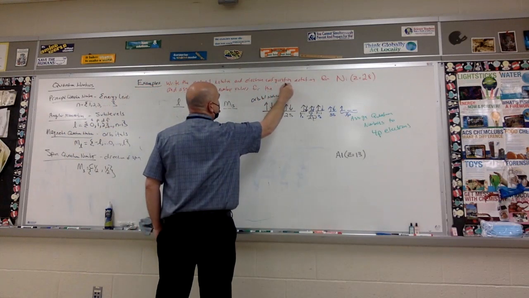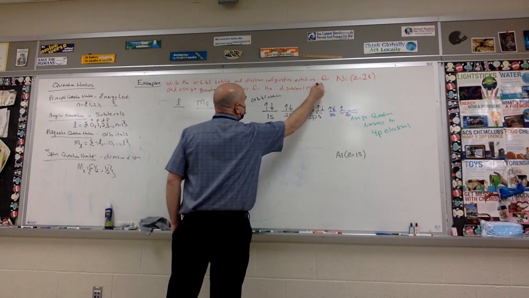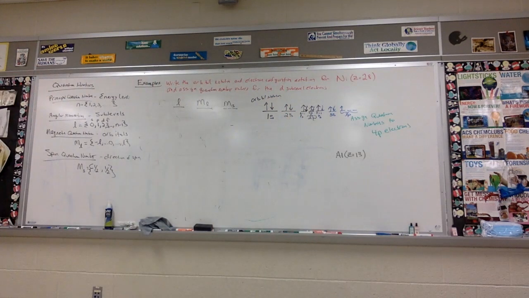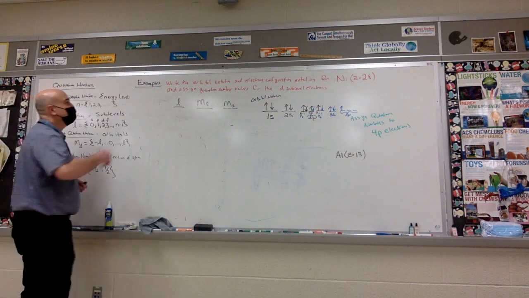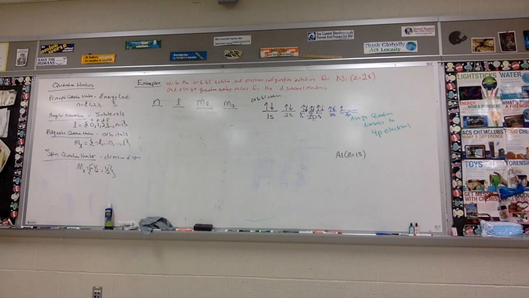Because I don't want you to assign, once you start getting to higher ones, it gets kind of monotonous to keep putting 4 quantum number values. So I'm gonna say, just give me the quantum number values for the D sublevel electrons.